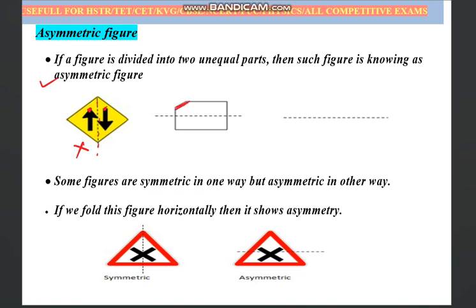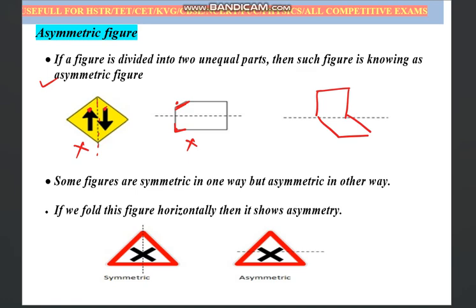Again, here we have a cut. So here we have a corner. When I start folding, this corner will come on this part. So this is also not a symmetric figure. Again, I will draw one more example which is not an example of a symmetric figure. So this is also not a symmetric figure.